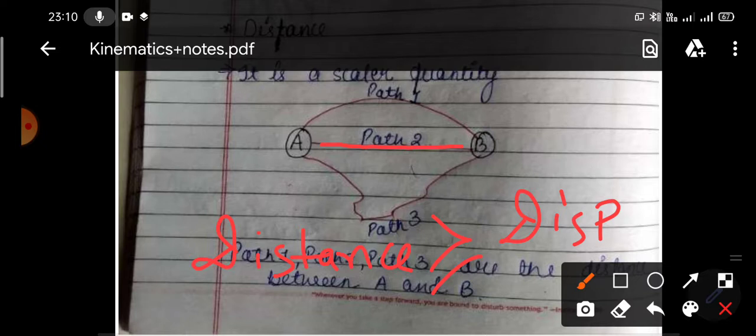Path 1 is your distance, but path 2 is your displacement, so here distance is greater than displacement. Similarly, path 3 is greater than path 2, so again distance is greater than displacement. From this example we can say that distance is either greater than or equals to displacement. Okay.